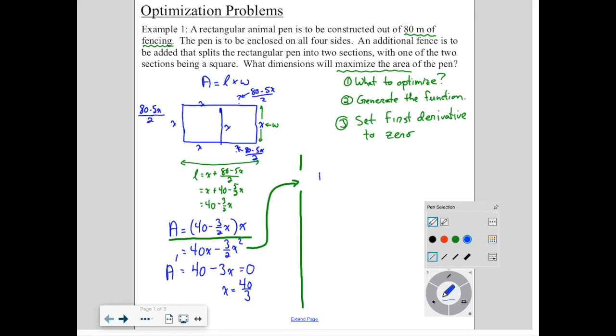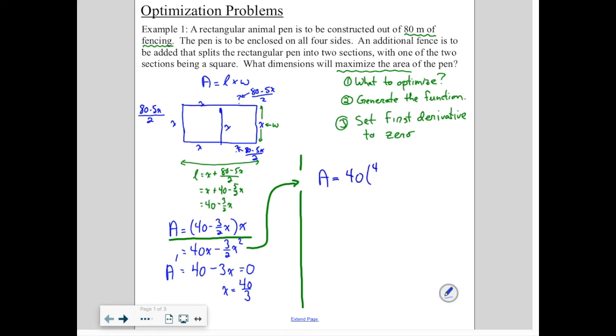So our area is simply going to be, let's see, 40 times the x, which is 40 thirds, minus 3 halves times 40 thirds squared. And at this point, of course, I'm going to push this through my calculator, and I get approximately about 267.